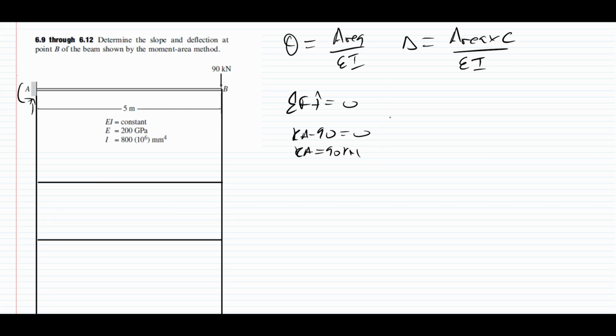For moment A, sum of moments at A, clockwise positive, equals 0. Then 90 times 5 minus MA equals 0, and MA equals 450 kilonewton meter.